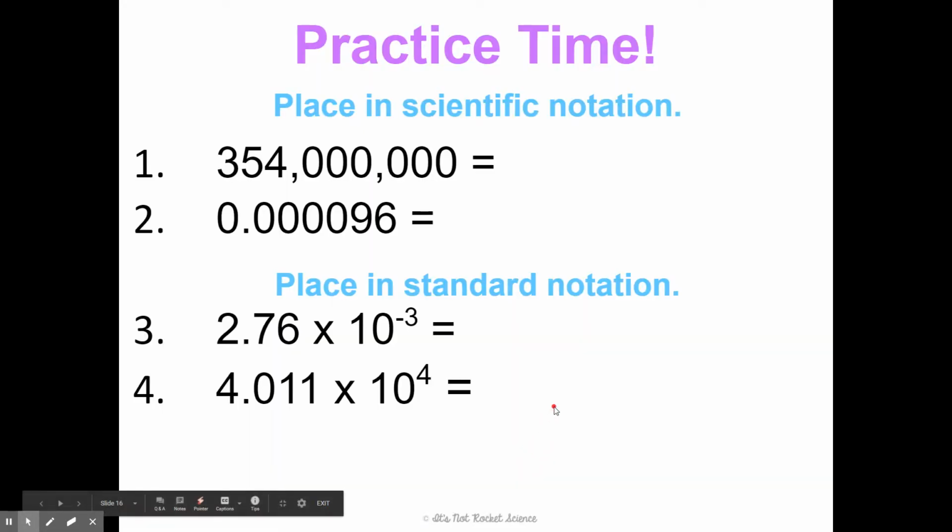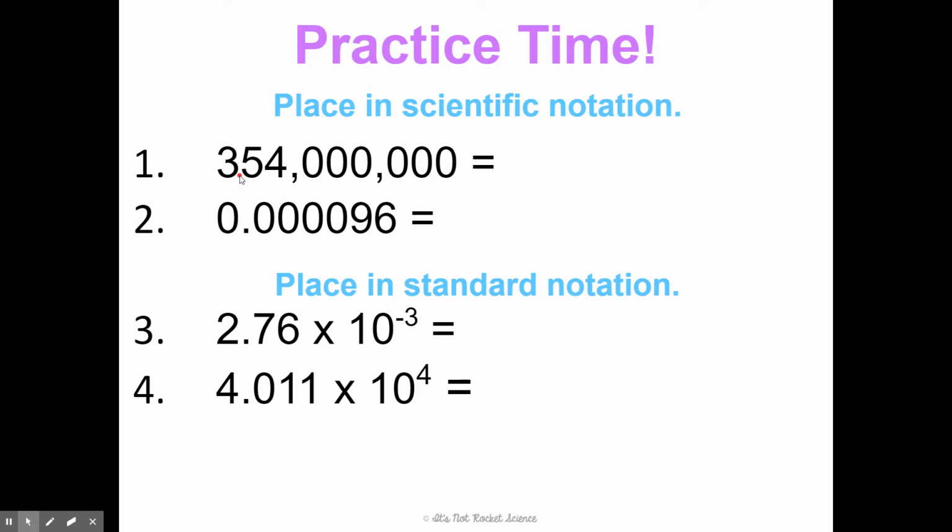So here are some practice problems that I want you to go through in your notes, and we will talk about these in class. I will give you the answers, but please let me know if you get stuck on them at all. So 354 million in scientific notation. So my decimal is over here at the end. I'm going to move it 1, 2, 3, 4, 5, 6, 7, 8 places to leave just a 3.54.